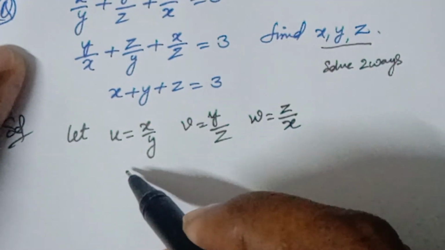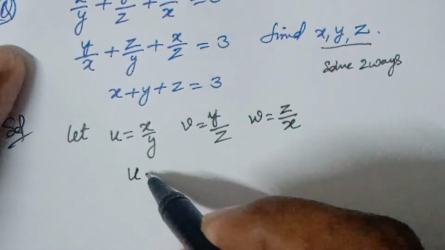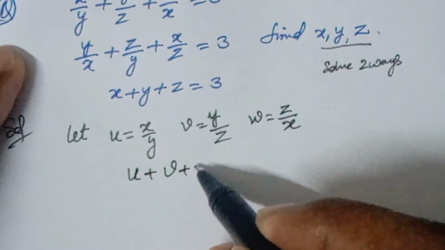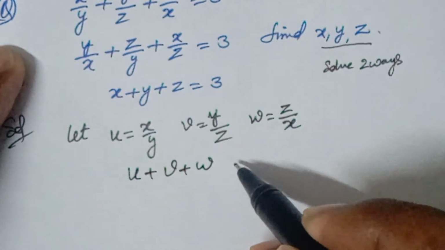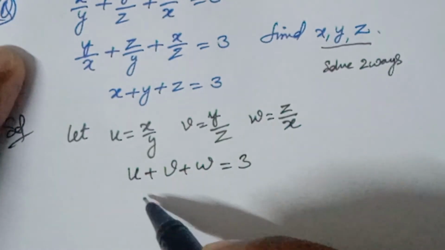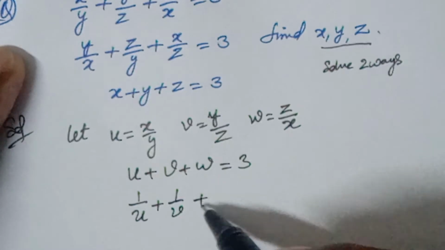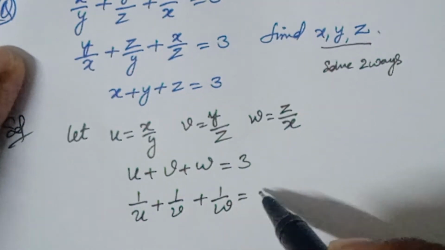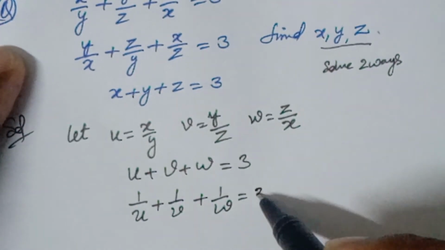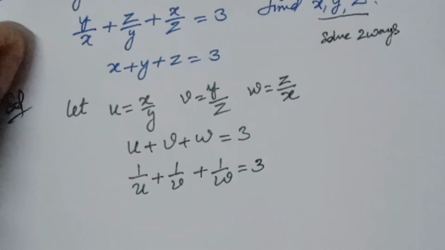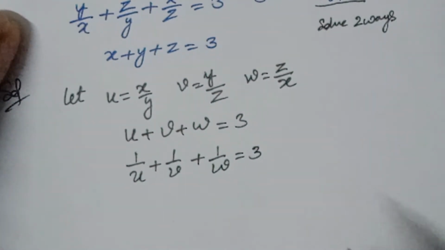So now the equations will become u + v + w = 3, and 1/u + 1/v + 1/w, the second equation, is also equal to 3.